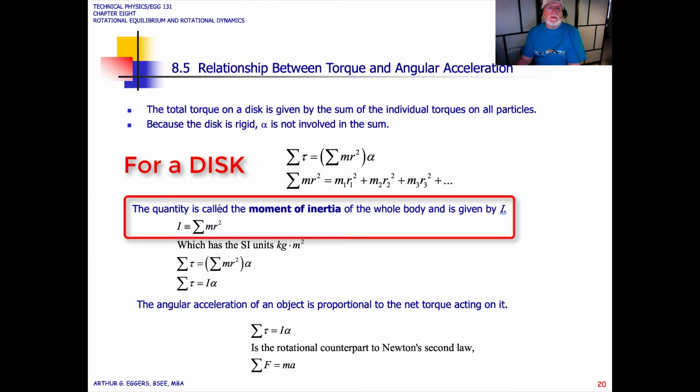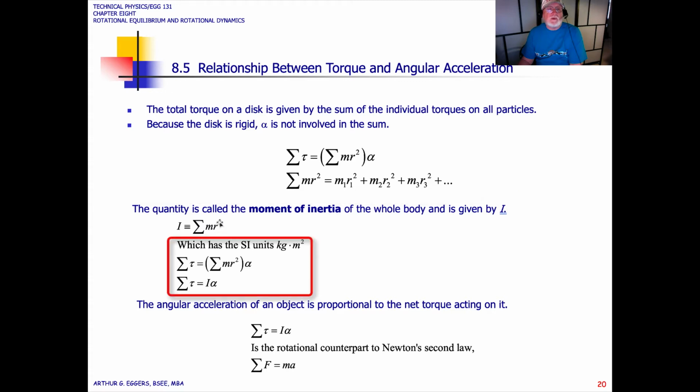This quantity is called the moment of inertia of the whole body and is given by the letter I. We use the capital letter I to define this term, the summation of mass times radius squared. It has SI units of kilograms times meters squared.